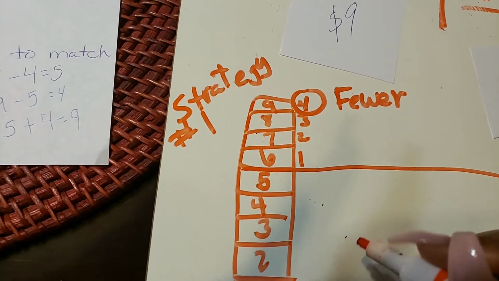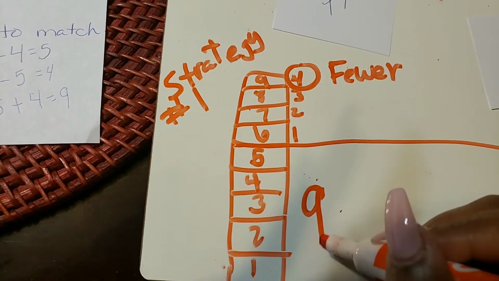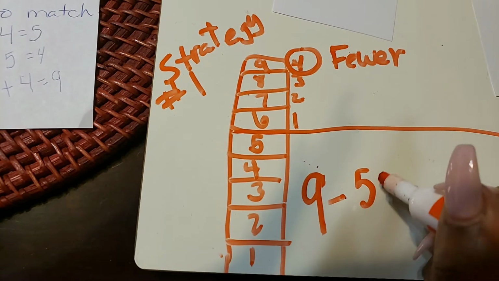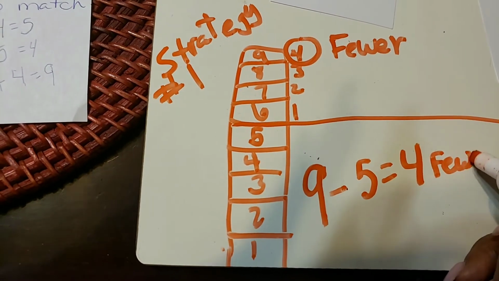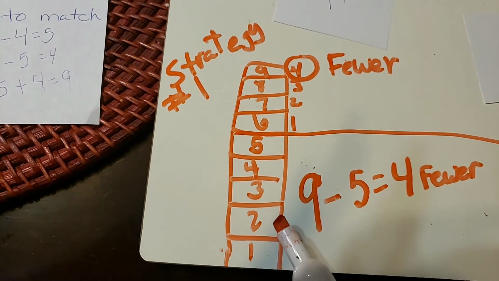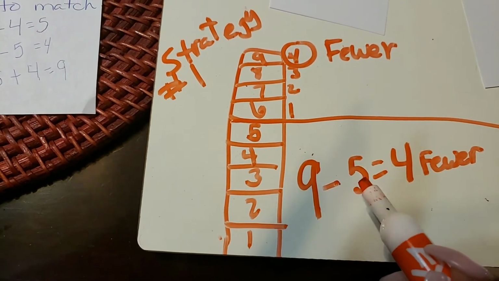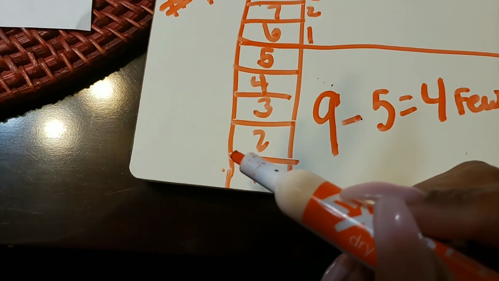The number sentence that would match this one would be 9 take away 5 equals 4 fewer. Because this one has 9. If we take away 5, we know that we'll have 4 fewer.